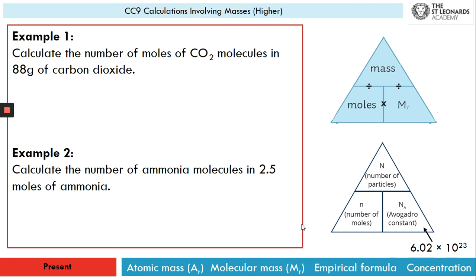Now, Avogadro's constant is always going to be the same. Remember, it's 6.02 times 10 to the 23. So if we do 2.5 times 6.02 times 10 to the 23, it works out at 1.505 times 10 to the 24.